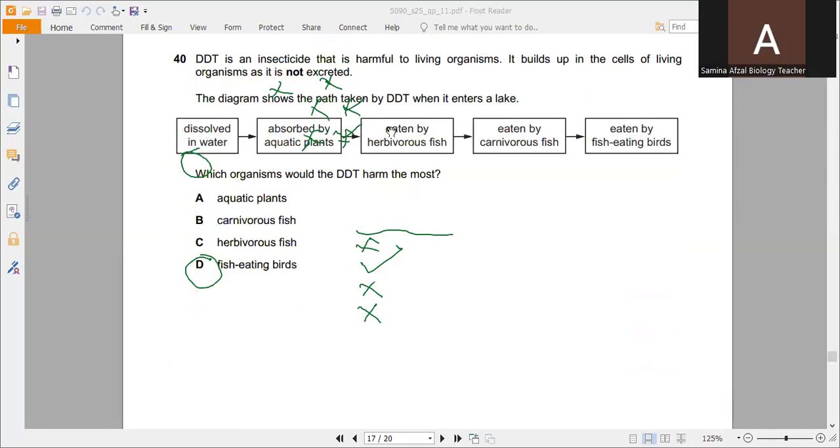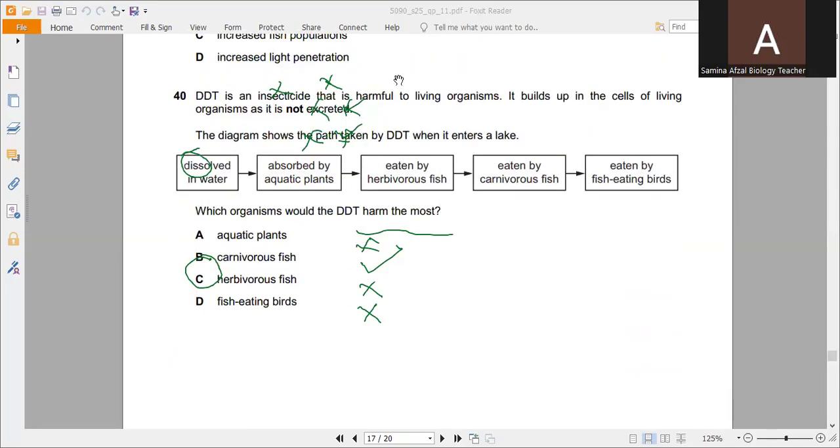Now, last question. DDT is an insecticide that is harmful to living organisms. It builds up in the cells of living organisms as it is not excreted.